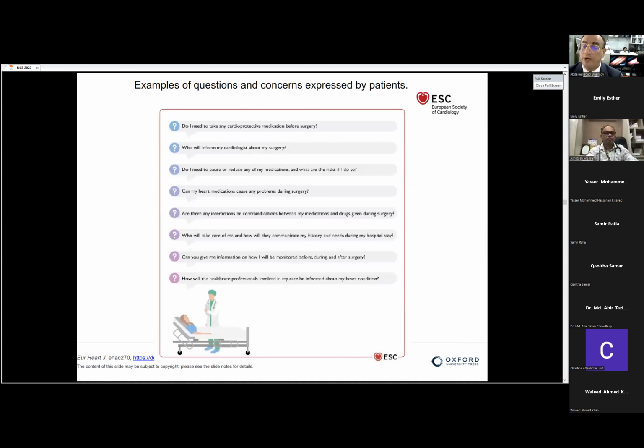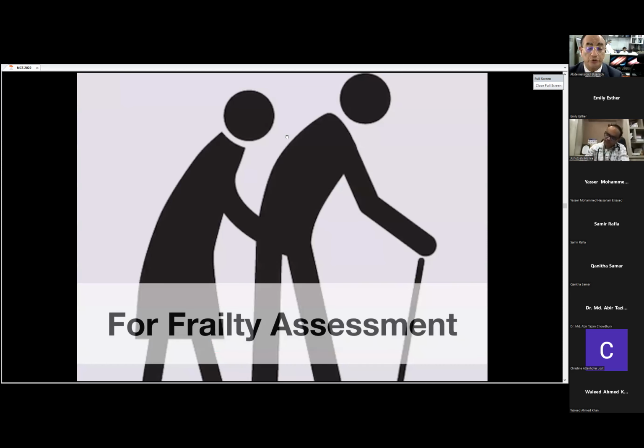These are the most common questions asked by the patient: who will take care of me, cardiologist or surgeon, where I will be, ICU or CCU or telemetry or regular wards, and who will give me the cardiac medication before and during and after the procedure.